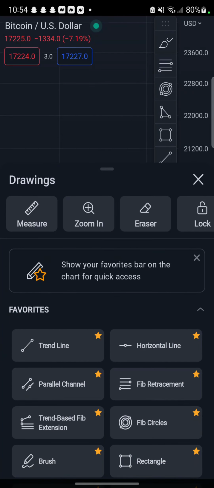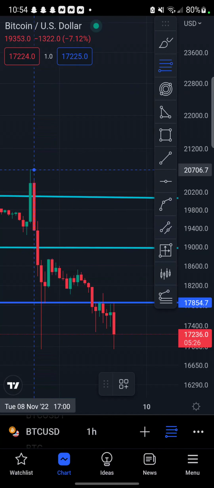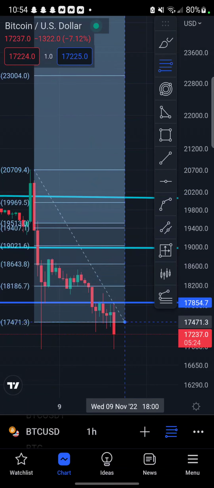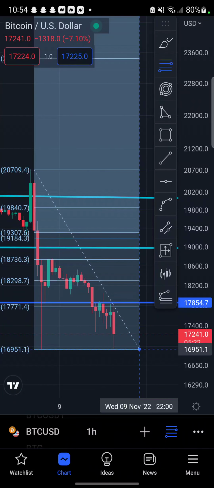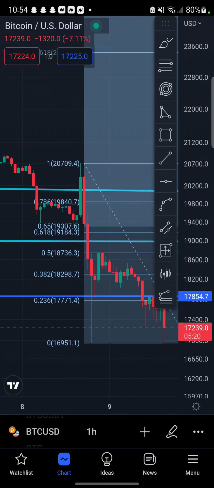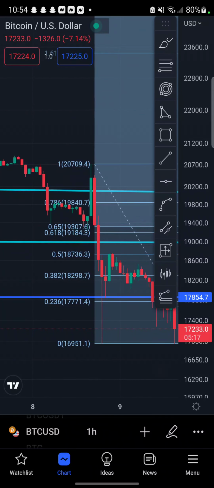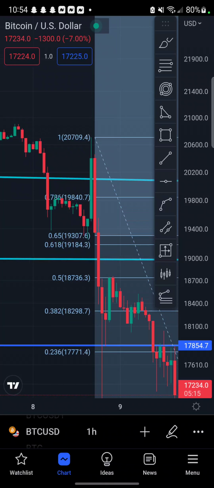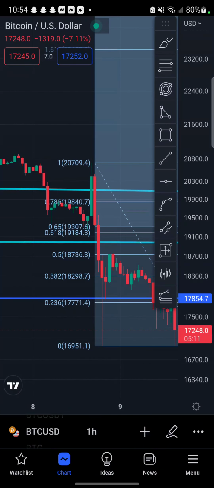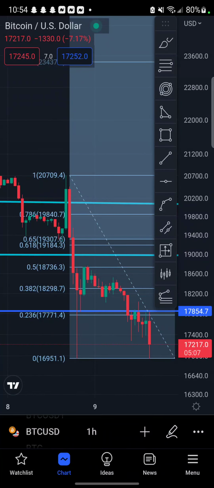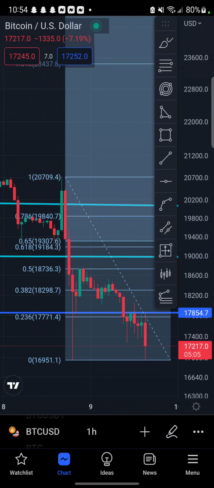So just say if this is the bottom, and after everything that I've said plays out, then the next target should be at least the 0.5 Fibonacci, 18,736, pretty much getting us back up to where we were in the video from yesterday. The 0.618 is at 19,184.